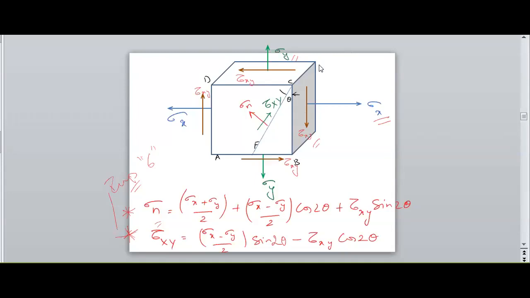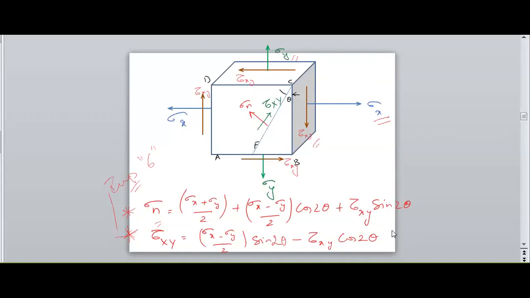So in the last class, we discussed the normal stress and tangential stress on the oblique plane. And we discussed the principal plane as well as principal stresses. How to calculate the principal stresses and the principal angle we discussed in the previous class.